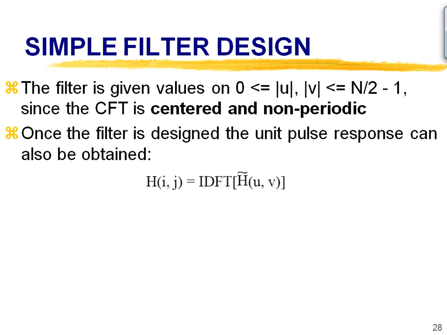When I say centered, it's centered on a Fourier domain which is centered as well. So this would be the 0, 0 of the Fourier domain, and this would be 50, 50 for a 100 by 100 image. This is in the centered DFT, not the non-centered.